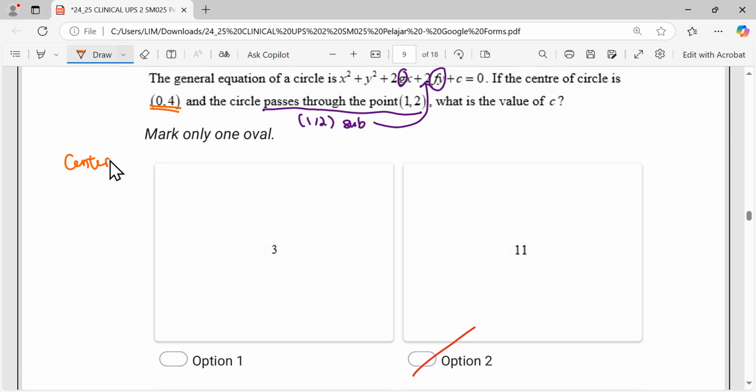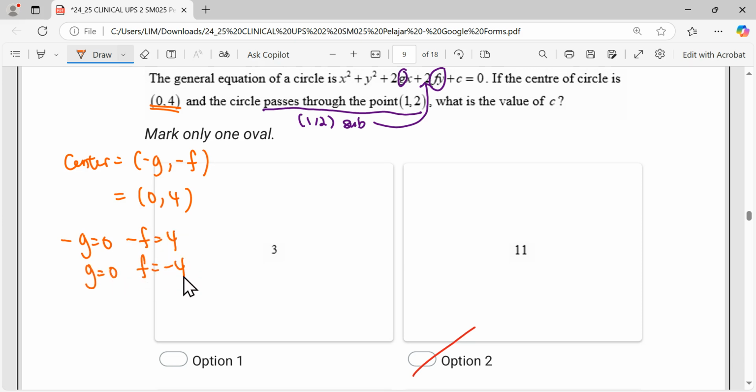Using the general form of the circle, we know that the center is made up of negative g and negative f. So we compare with the center given here, which means negative g is 0, negative f is 4. So your g is 0, your f is negative 4.